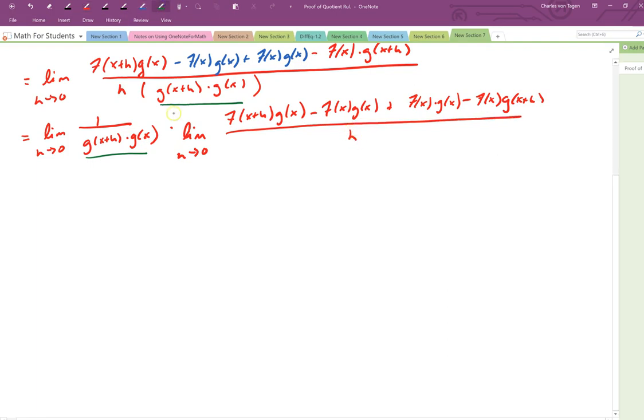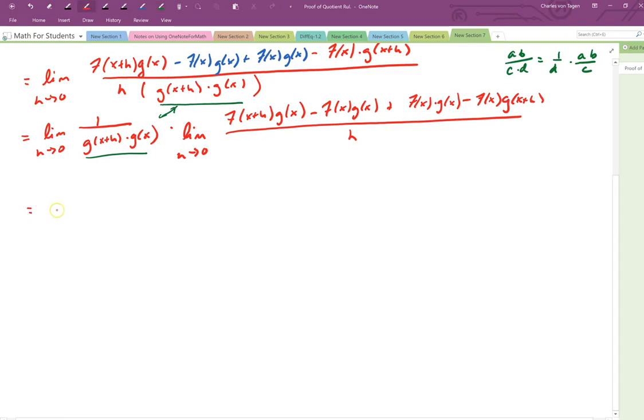What I did in this step is pull this expression out of the fraction. This is similar to if I had a times b over c times d, I could rewrite that as 1 over d times ab over c. That's essentially what I've done here, as well as distributing the limit.